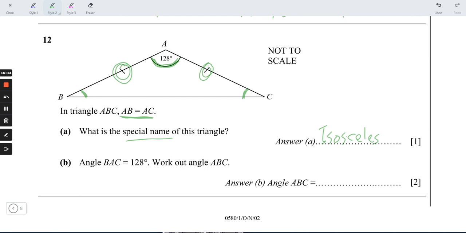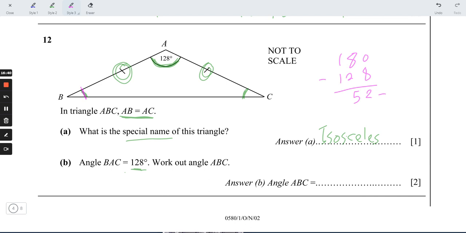The angle BAC is 128 degrees. Work out the angle ABC. So they want us to find the angle ABC. We know that angles in a triangle add up to 180. So 180 minus 128 is 52.